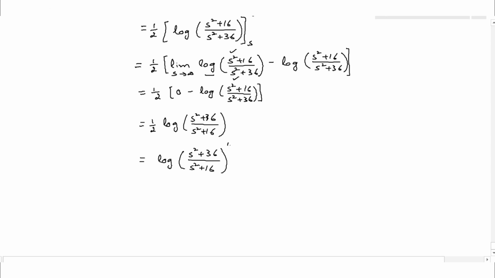The power will come on the top, just using that log m power of n to be n log of m formula. Or power half represents square root, so log of square root of s square plus 36 divided by s square plus 16. That is the required solution we have.